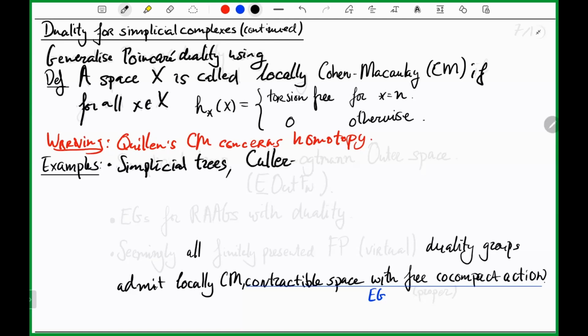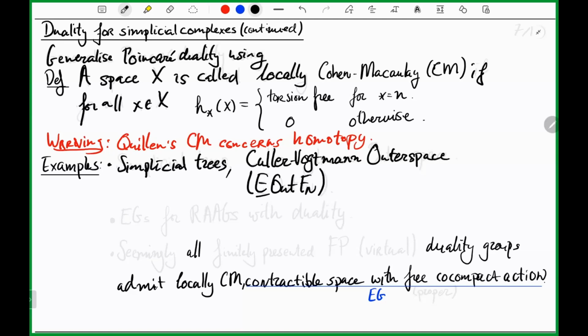Another interesting example is co-compact outer space. For those of you who were here last week, this is the thing that Karen told me about. The space of graphs, and this is a classifying space for proper actions for Out(F_n).